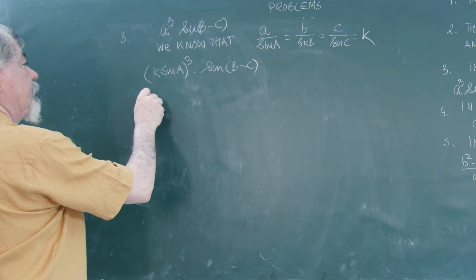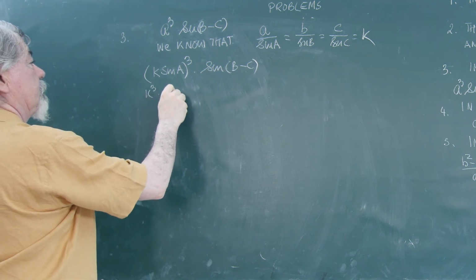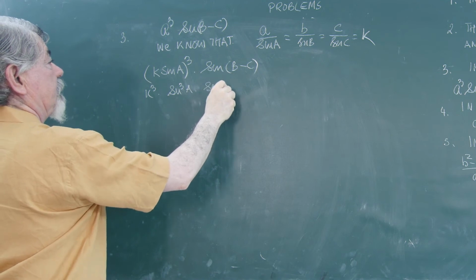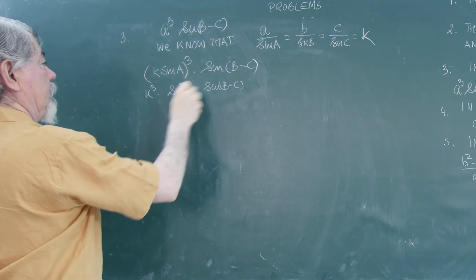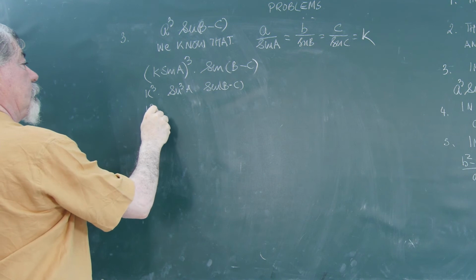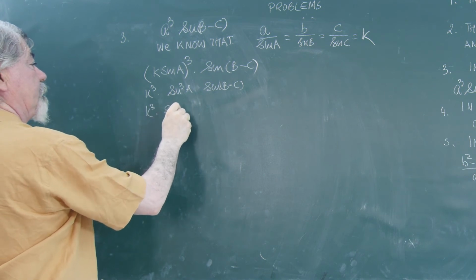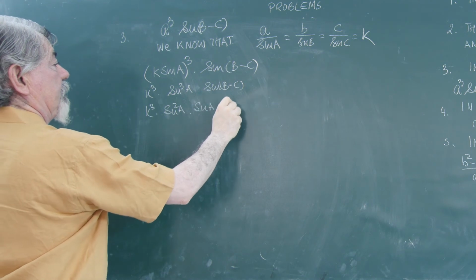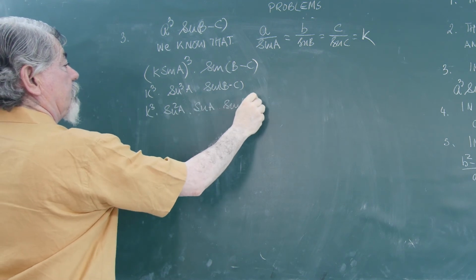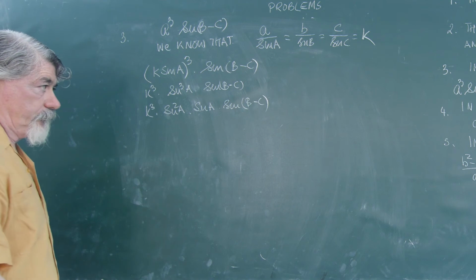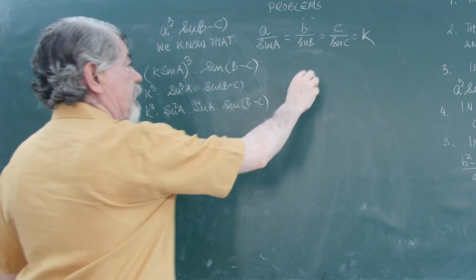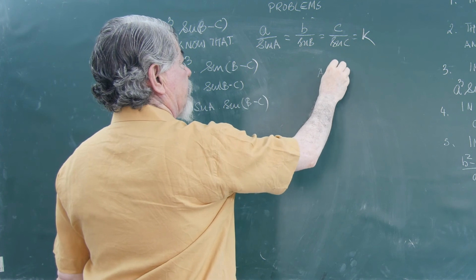So it will become K cube sine cube A sine (B minus C). I can write K cube sine square A, sine A, sine (B minus C). Now you know very well A plus B plus C is 180.